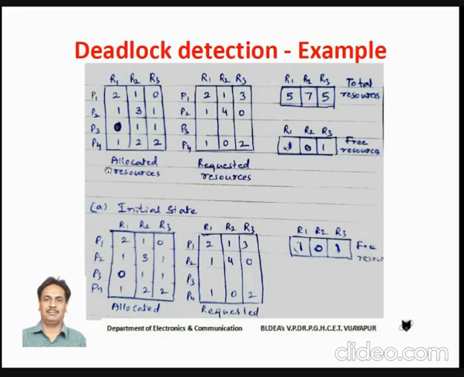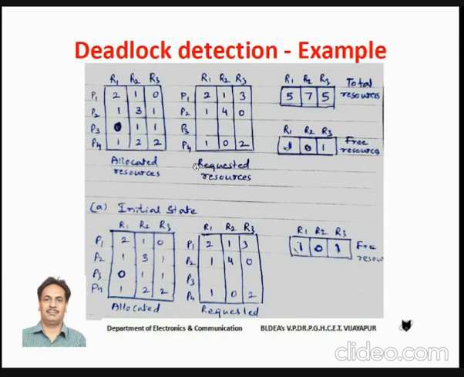One is called allocated resources, and the second matrix is used for representing the requested resources. The first matrix gives information about the resources which are allocated to the different processes, and the second matrix gives information about the processes which have requested additional resources to complete their execution.